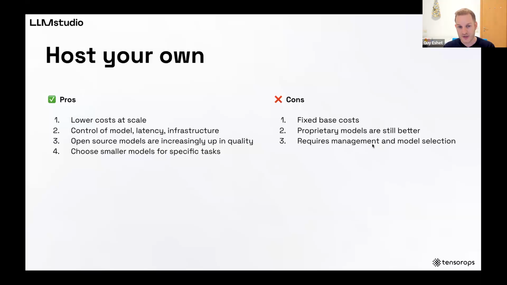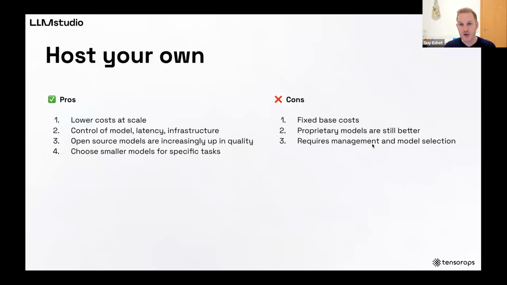Three, the open source models, as we've been seeing lately, are getting better and better every day. Gabriel and Miguel are going to discuss later how to benchmark and compare new models. But as we see, every day we get a new, better one that competes with GPT and this and that.